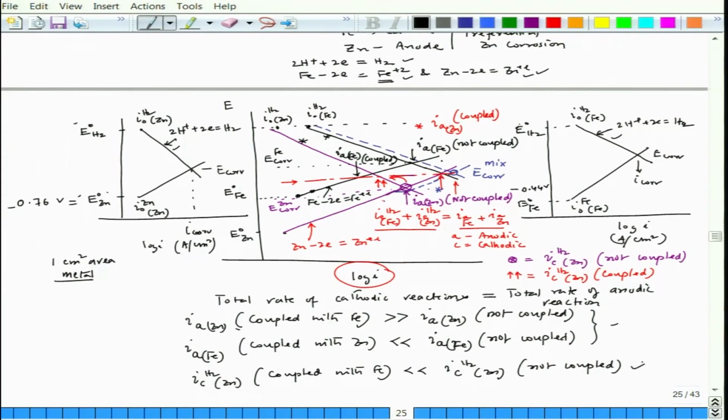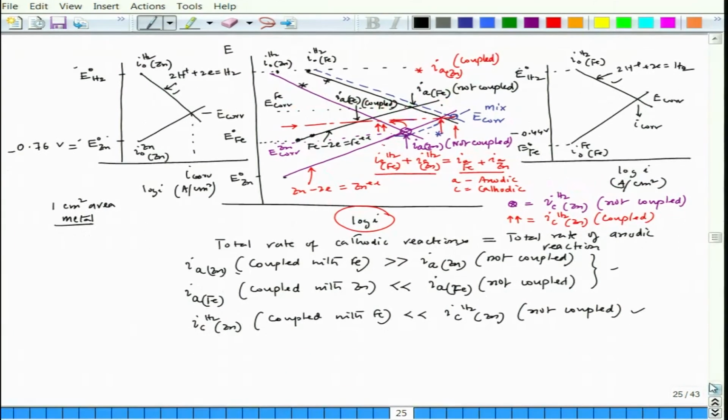Now, let us see the other observation: on the iron surface the hydrogen evolution rate would increase. That means the statement is that I_C hydrogen on iron surface when coupled with zinc should be greater than I_C hydrogen on iron surface when not coupled.